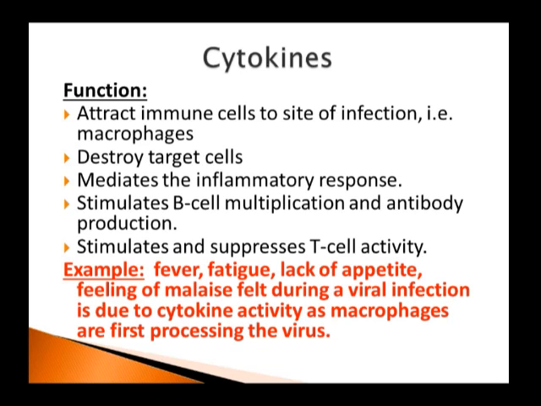We've all experienced the symptoms of cytokines in our body if you've ever had a cold or a flu. The feeling of fever, fatigue, the lack of appetite, just not feeling well, the malaise, that is all a physiological response to various cytokines that are getting produced by the immune system against that virus.